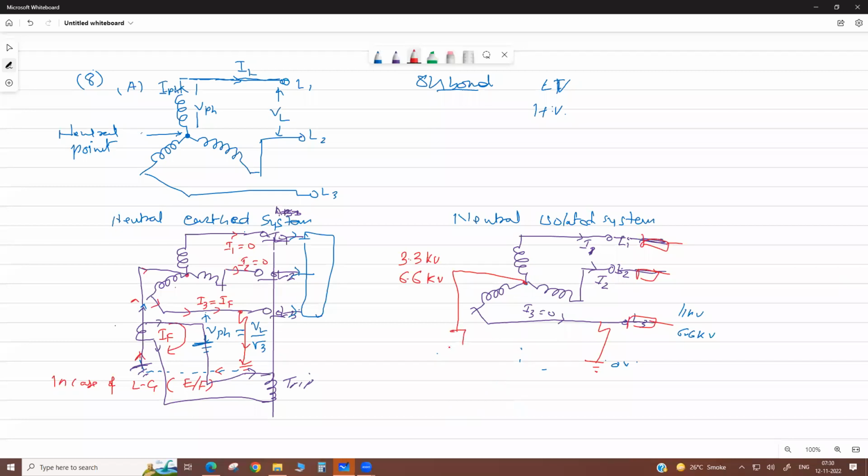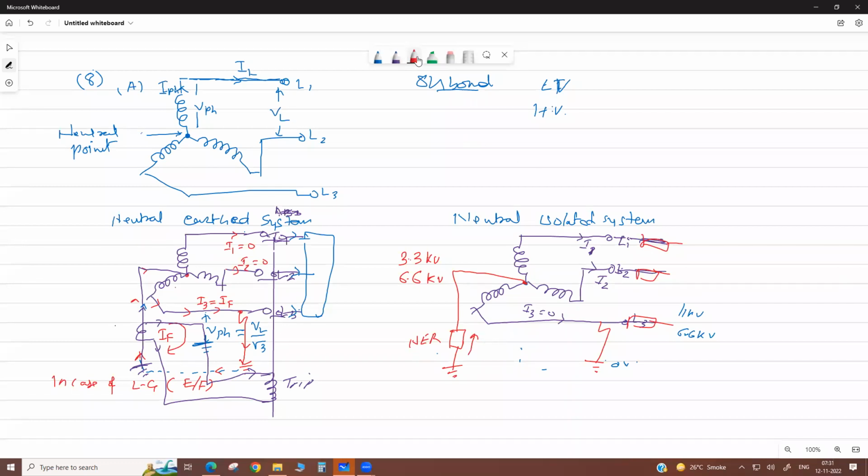NER means neutral earth resistance. We connect a series resistance or series reactor, and do the grounding through resistance. Then it provides a high resistance path.